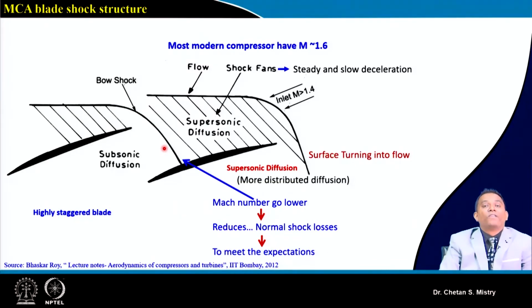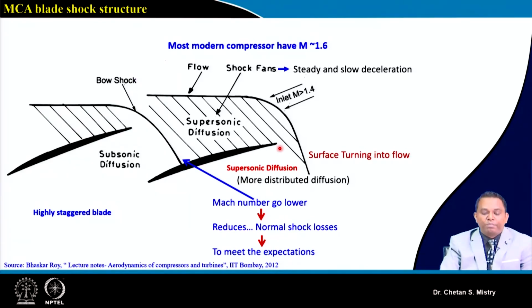If we look carefully and compare with double circular arc, we can say this striking of shock, or the presence of passage shock, is more towards the trailing edge. In the case of double circular arc, this passage shock was around 40% of my chord from the leading edge. Here in this case, this is striking more towards the trailing edge.